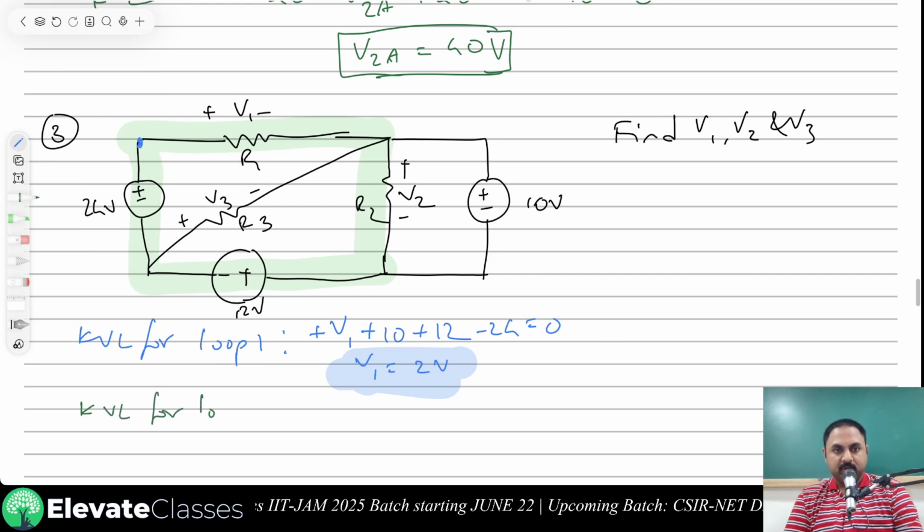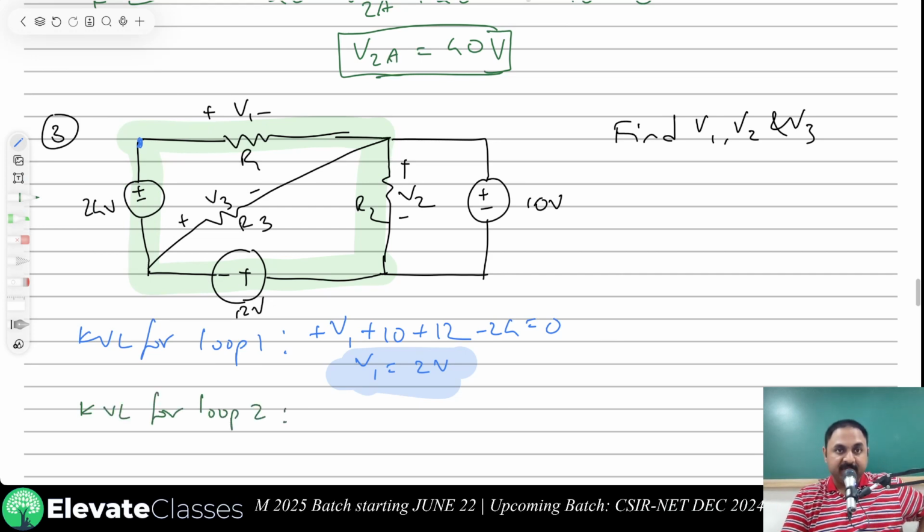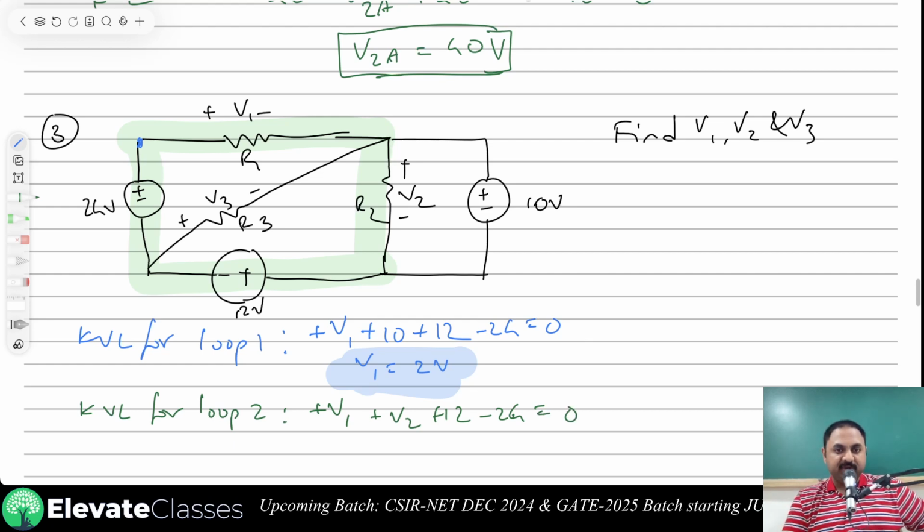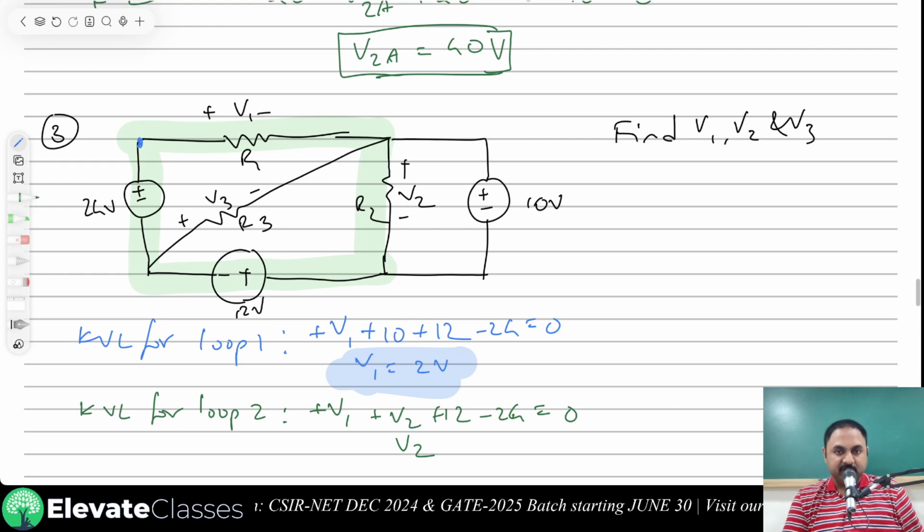KVL for loop 2 will be plus V1 plus V2 plus 12 minus 24 is equal to 0. I already know V1 is 2. From this, V2 will be 10 volts.